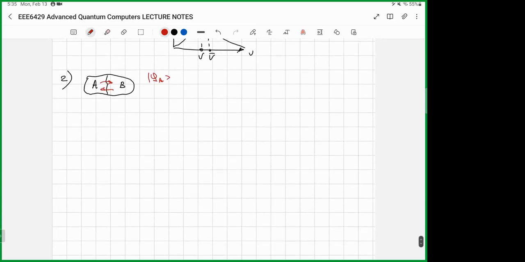Right. And the last one, maybe even more important, is that any system, in reality, is actually open, meaning that it interacts with external space.